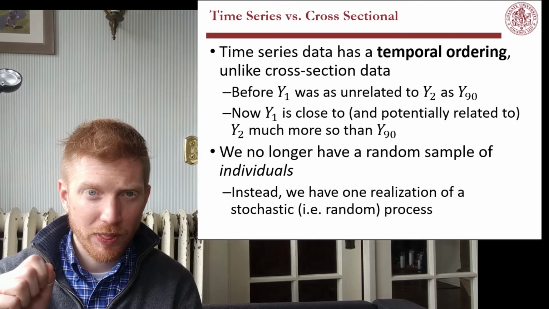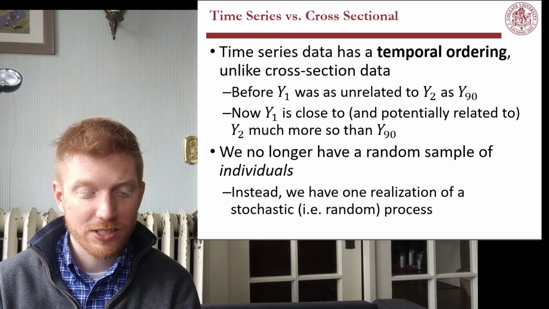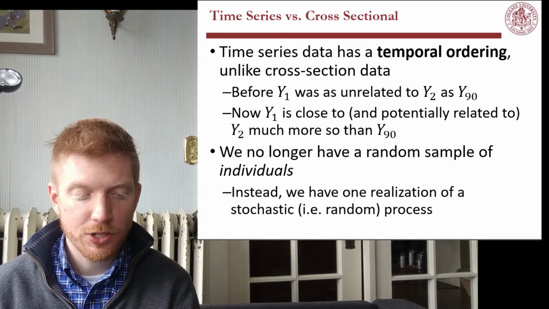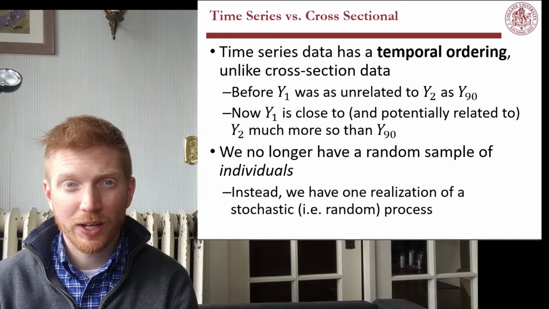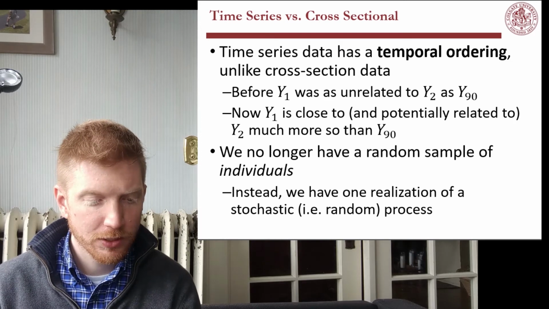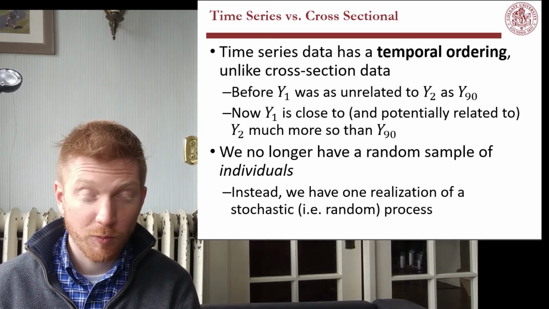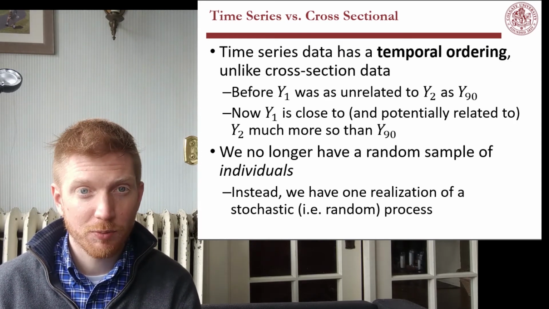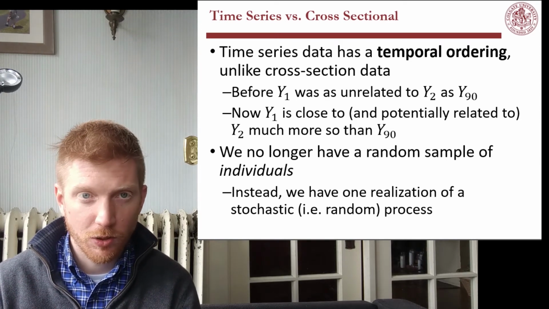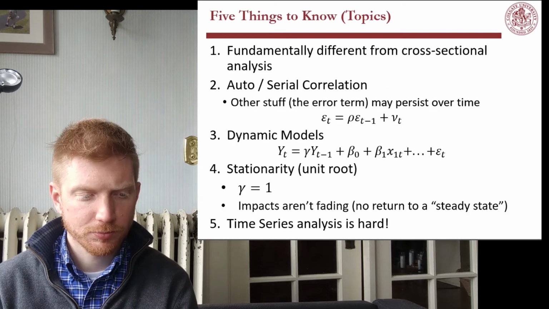But now there's this ordering where y1 is close to and potentially related to y2. Time period 1 is related to time period 2 in a way that is not related to time period 90. We no longer have a random sample of individuals. Instead, what we're looking at is a stochastic process over time and how that develops.